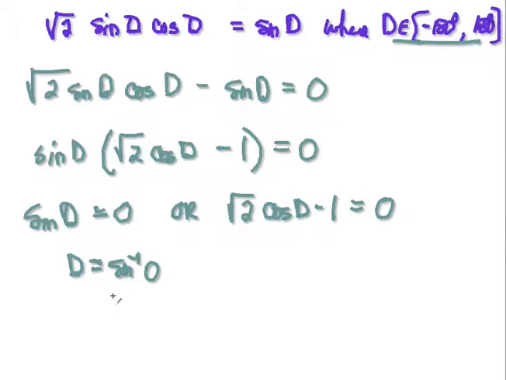So what I have to think to myself is, where is the sine 0? Where is the height 0? At what angle in the unit circle has no height? And I'm just thinking to myself, well, where I get no height, that's going to happen at 0 degrees.